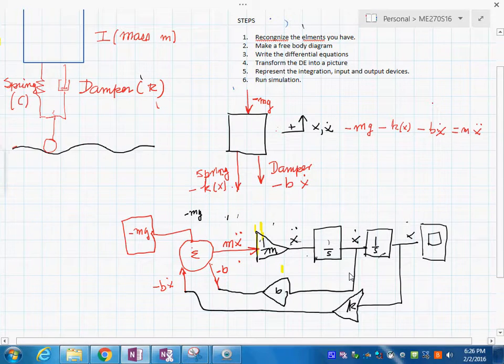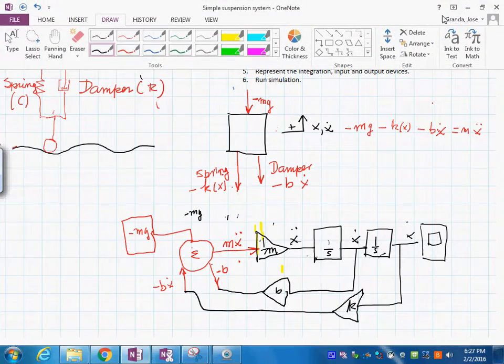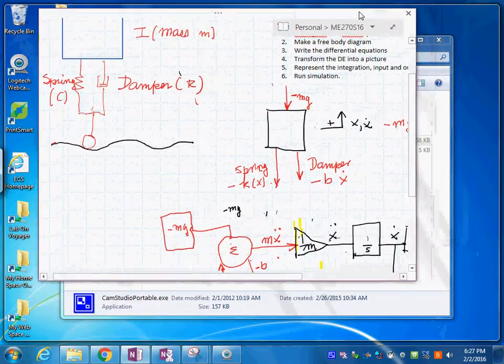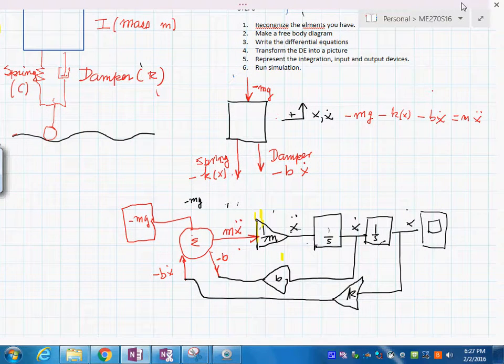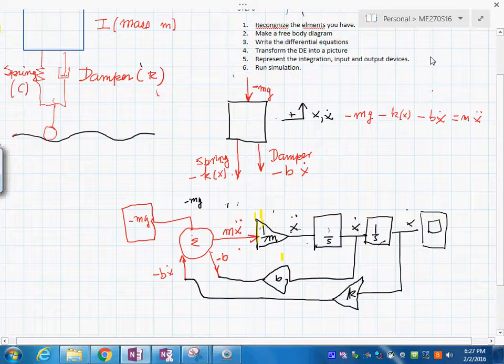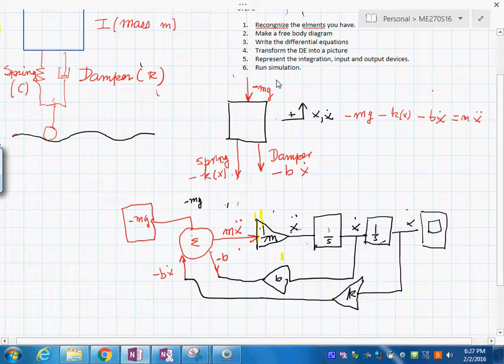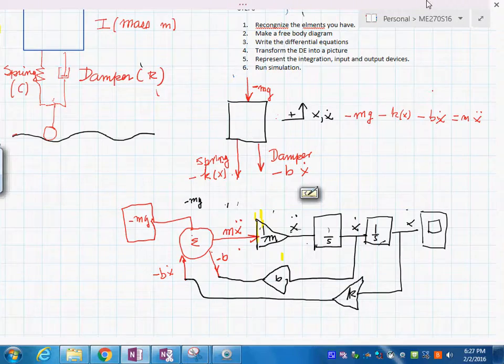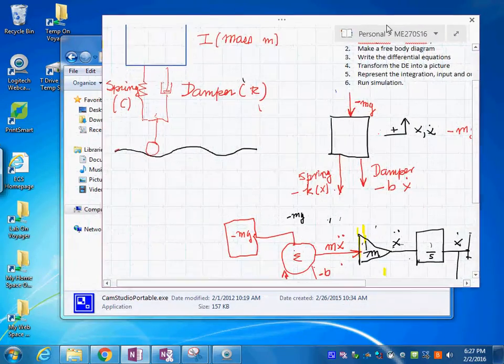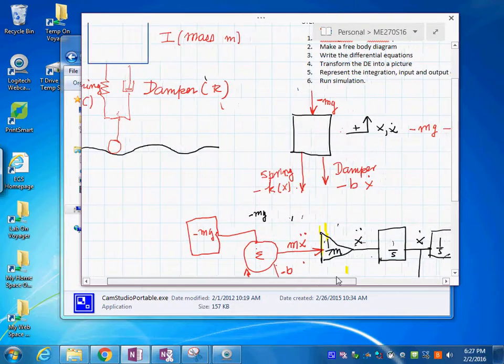So at this point what we need is just the graph in here.